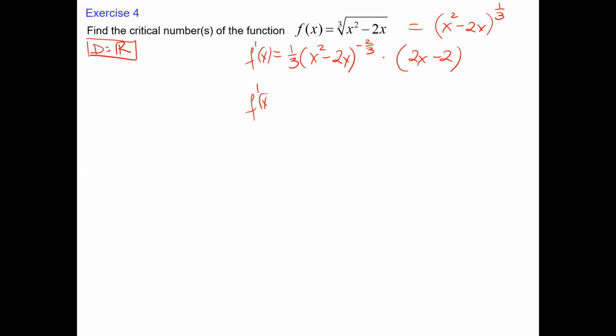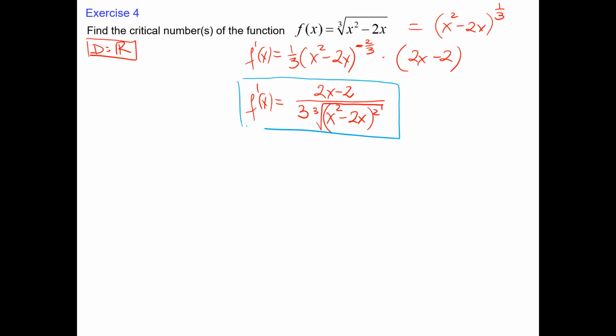Let's make it in a form without the negative exponent. 3 will go in the denominator, 2x minus 2 will stay on the top, and the quantity x squared minus 2x, because of the negative exponent, will go down, and this is the cube root of the quantity squared. Perfect form, nice, compact.